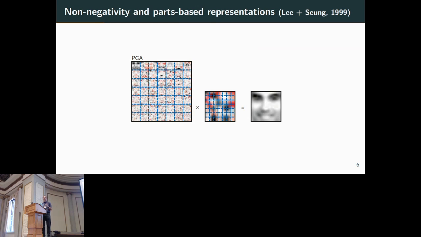This is a general empirical observation, let's say, that principal components analysis just usually does not produce parts-based representations. That is, if you look at the individual principal components, if you're lucky, the first one will be interpretable to you. If you're very lucky, the second one will be interpretable to you.